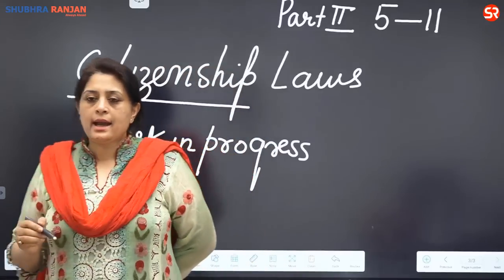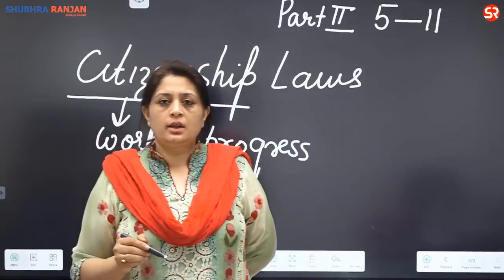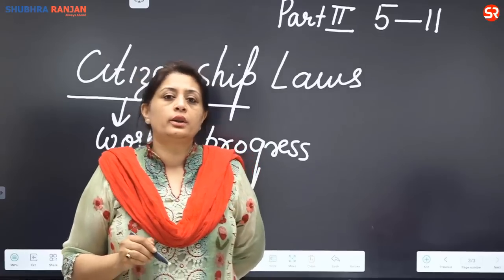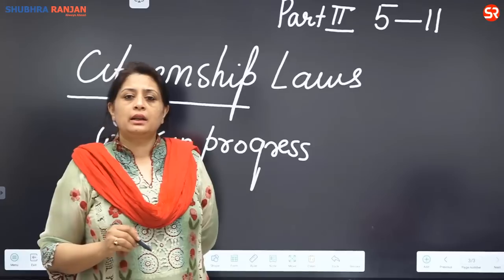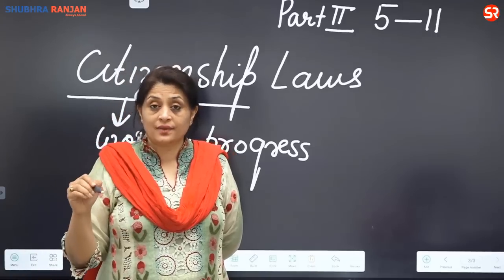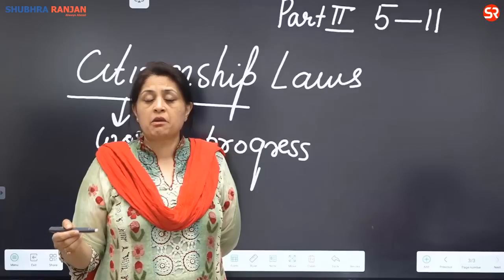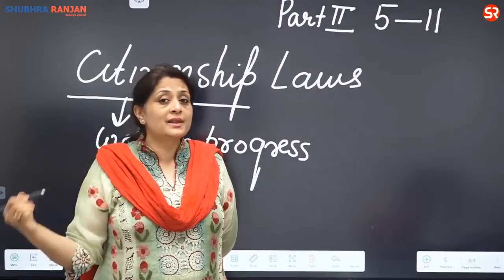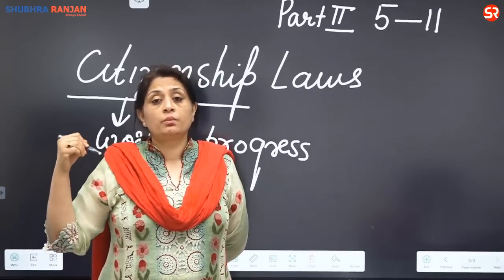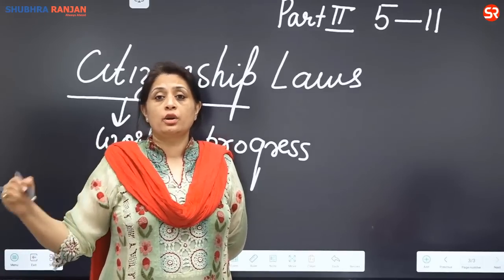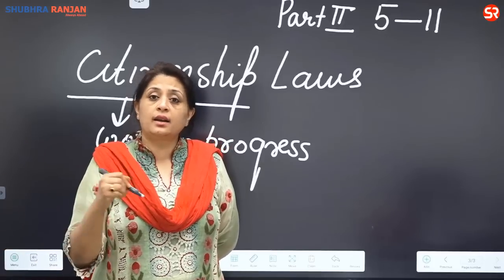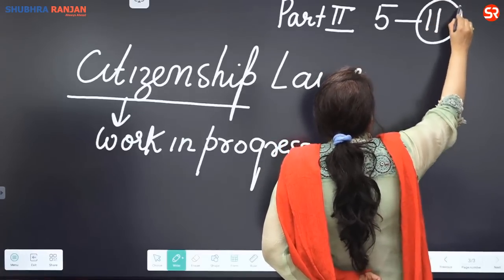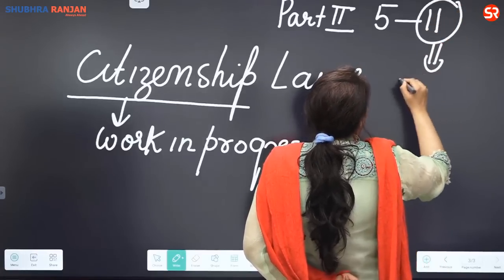The Constitution does not make elaborate provisions on citizenship. Rather, the Constitution gives comprehensive powers to the Parliament to come up with citizenship laws from time to time in accordance with the need and requirement. If you look into Article 11, it gives power to Parliament.